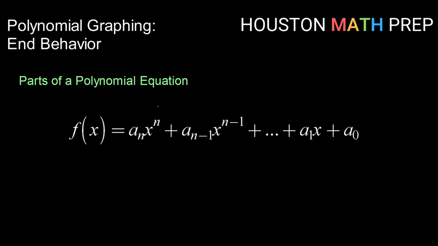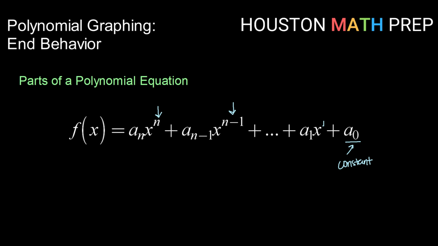So what that means is that we want the highest power of x listed first, then the next highest power of x to come next, and then it's going to keep decreasing until we get down to x to the 1 power, and then finally we'll have our term with no x's, or our constant term. So that's what it means for our polynomial equation to be in standard form.